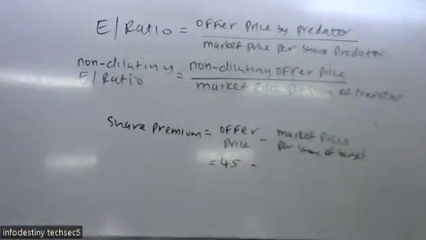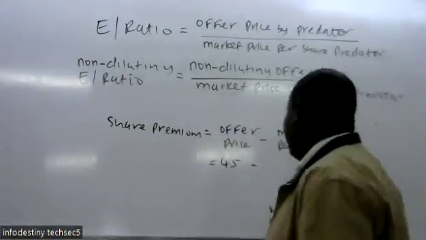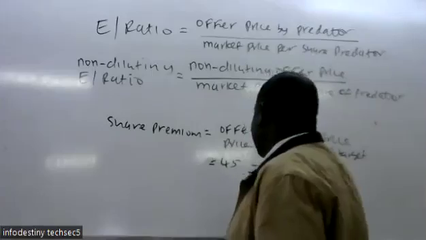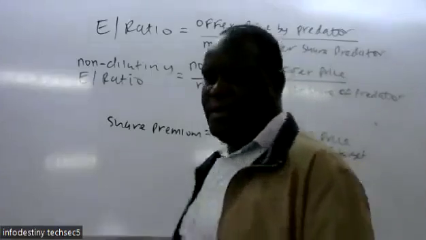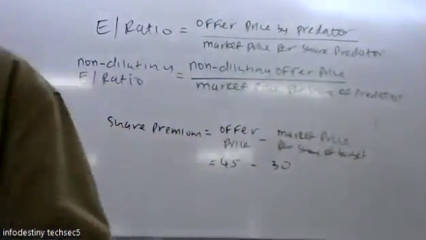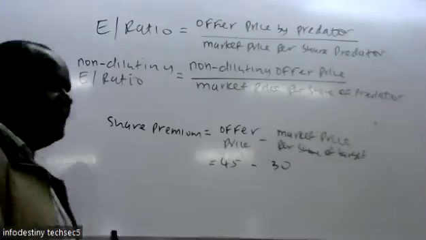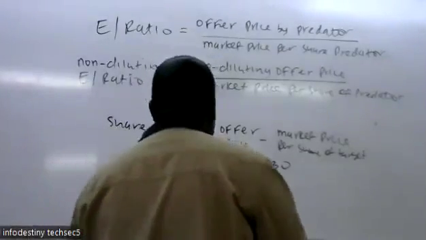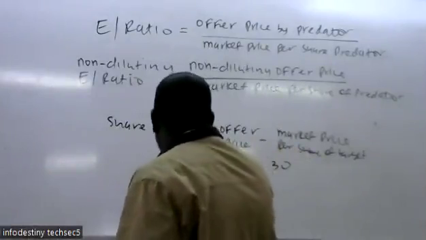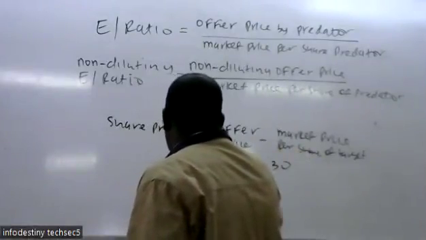The target is B Limited. The market price per share is meant to be 30. So it will give you the share premium.